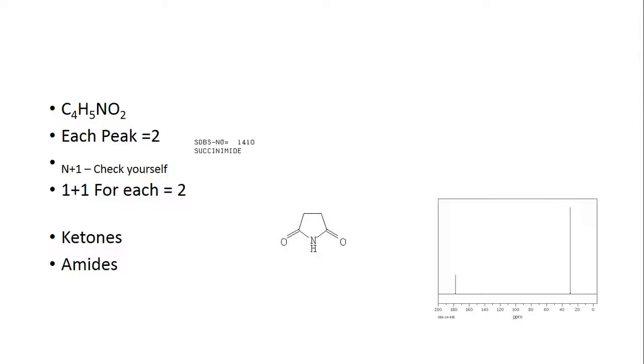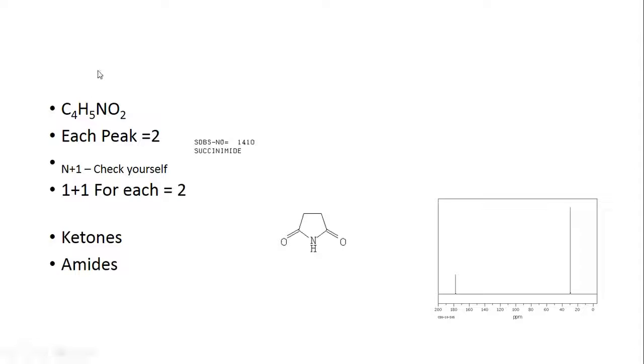We also need to use the N+1 rule to look at splitting in the number of adjacent hydrogens. This allows us to check ourselves and to know for sure if we have the right combination of atoms in our molecule and that we've arranged them as the right substituents. Our molecule has the chemical formula C4H5NO2. We know that there are 2 zones of hydrogen and 2 zones of carbon.